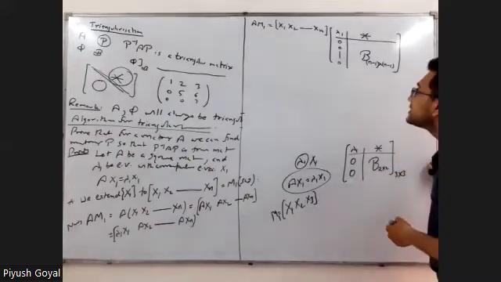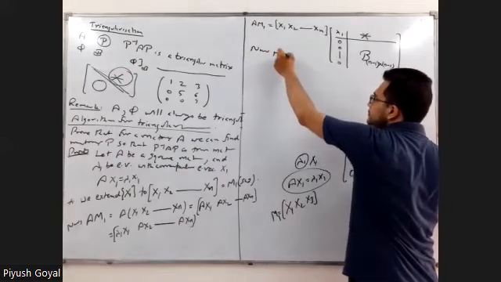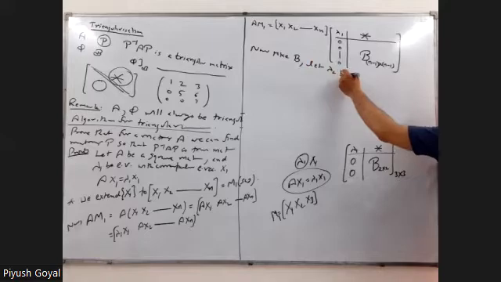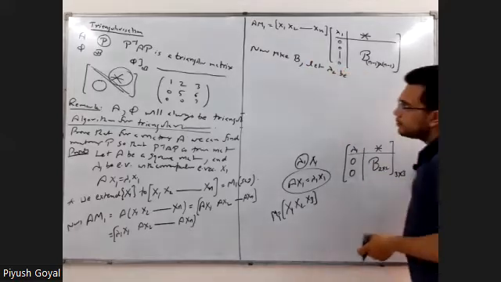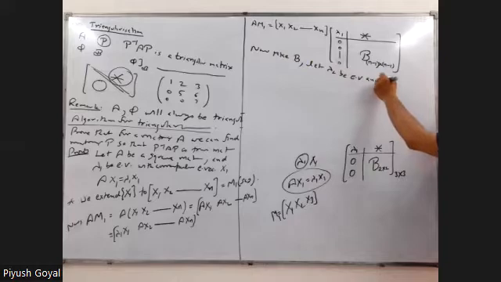Now the next thing is, take B, and let lambda 2 be an eigenvalue with corresponding eigenvector x2.